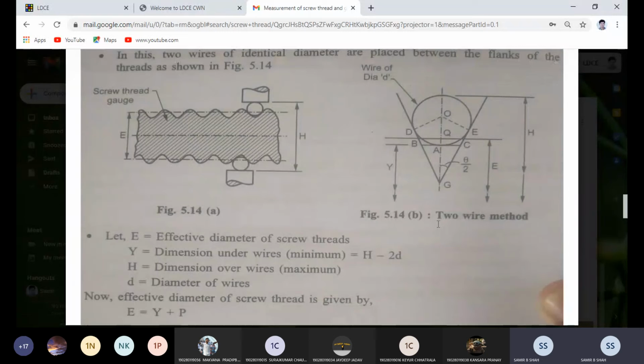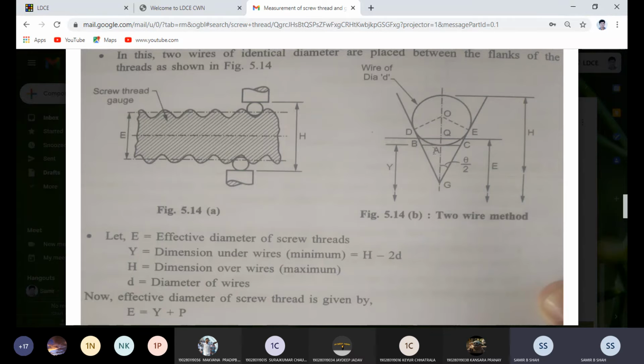Same way, you just see here, QG is equal to QA plus AG. And we know the two things, that is QG and AG.